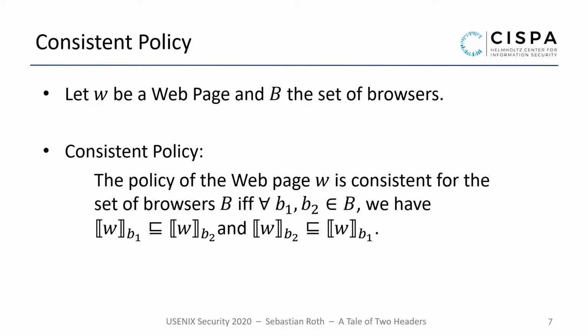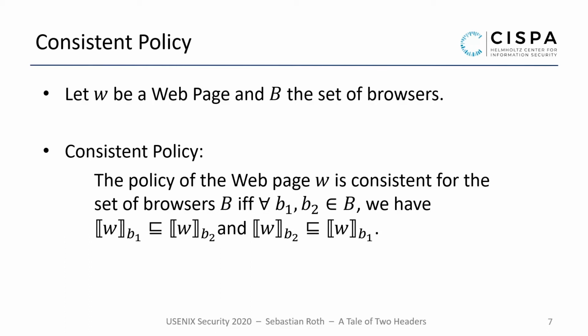A policy of a web page W is consistent if all browsers are equally protected. The double square brackets that you see in the formal definition here denote the semantics of the browser B for the framing control deployed by website W. To give a more concrete example here, a website that only deploys X-Frame-Options allow-from example.com to control the framing has inconsistent framing control because it restricts framing in Microsoft Edge, but it leaves Chrome users completely unprotected.